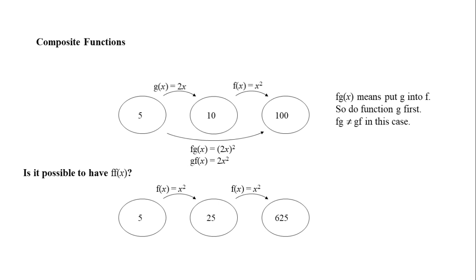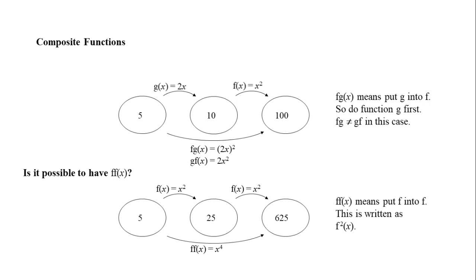Now, if you combine those two functions, that is what you call composite function. And that is f of f of x, which is x to the power of 4. Why is it x to the power of 4? Because x squared to the power of 2 is x to the power of 4. f of f of x means put f into f.